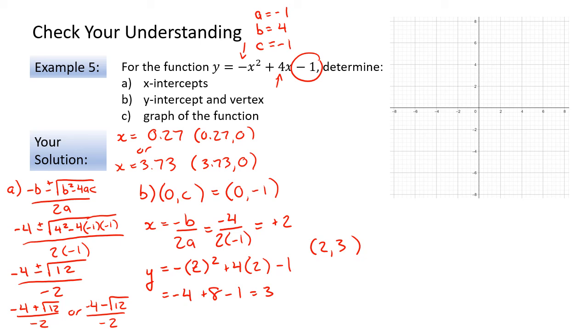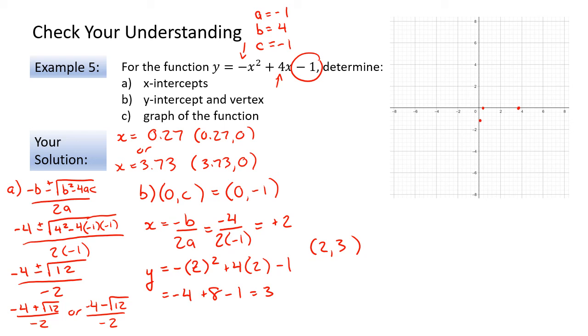So with these points, we can plot each one, starting with our x-intercepts, 0.27 and 0, about here. Then we have 3.73 and 0, again about here. For our y-intercept, we have 0 and -1, which puts us here.